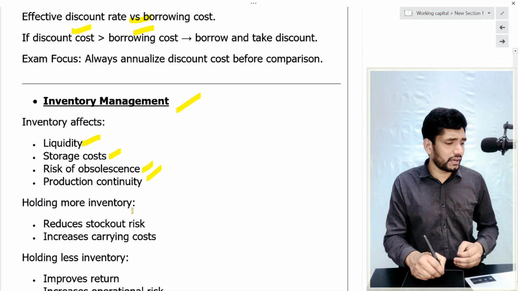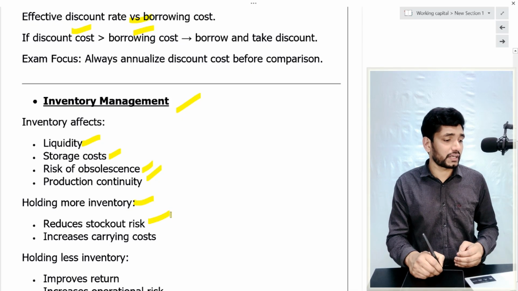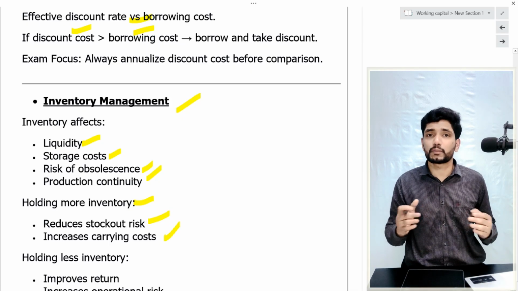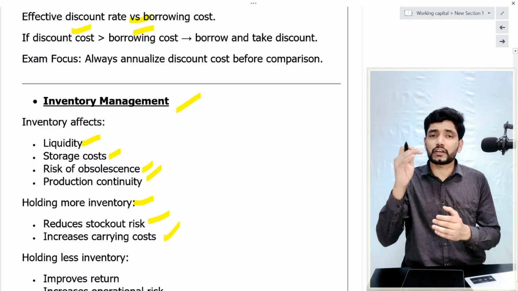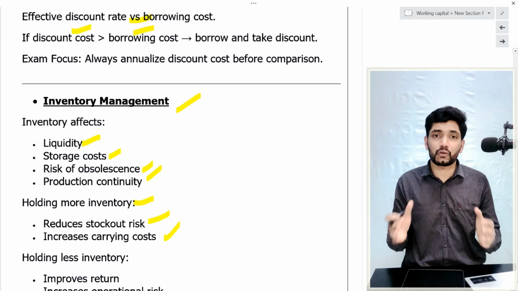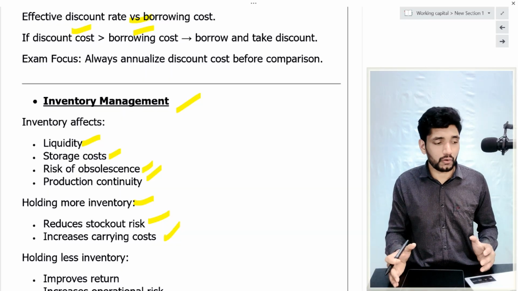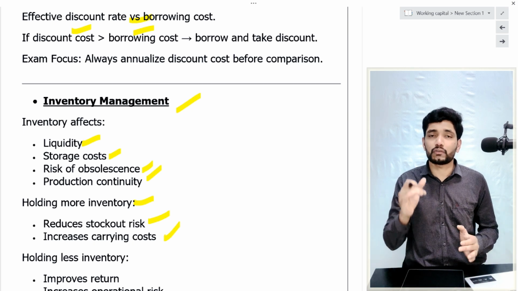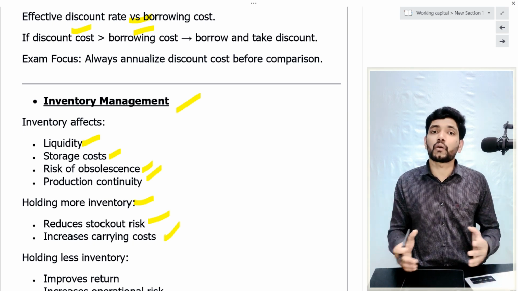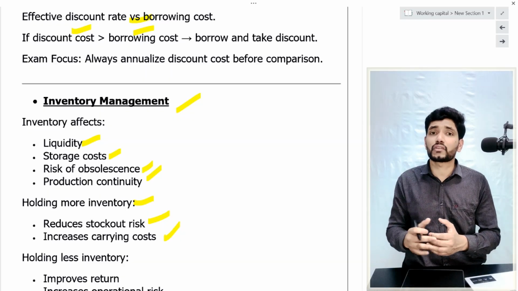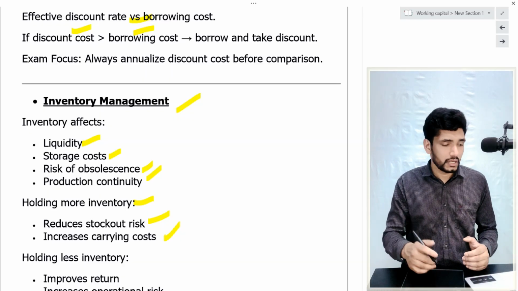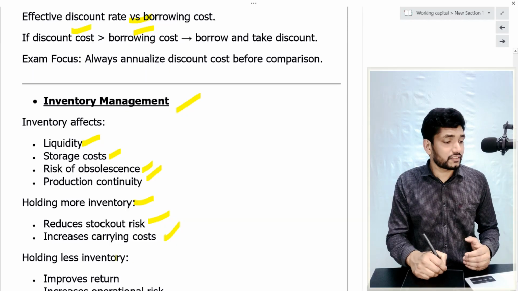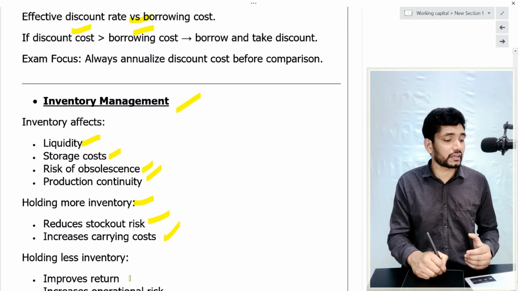Holding more inventory will reduce stock-out risk but increase the carrying cost. If you hold more inventory, it will reduce our stock-out cost and the stock-out situation may get low, but it increases our carrying costs, like the working capital cost, storage cost, and maintenance cost. But if we hold less inventory, it improves our overall return.